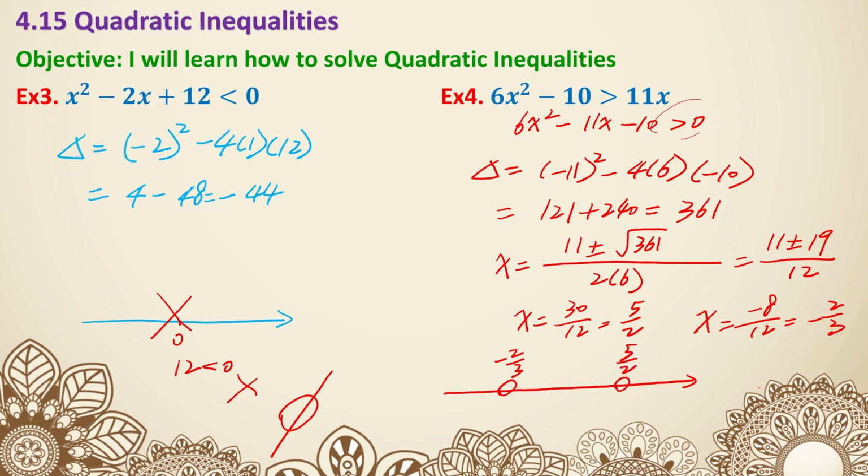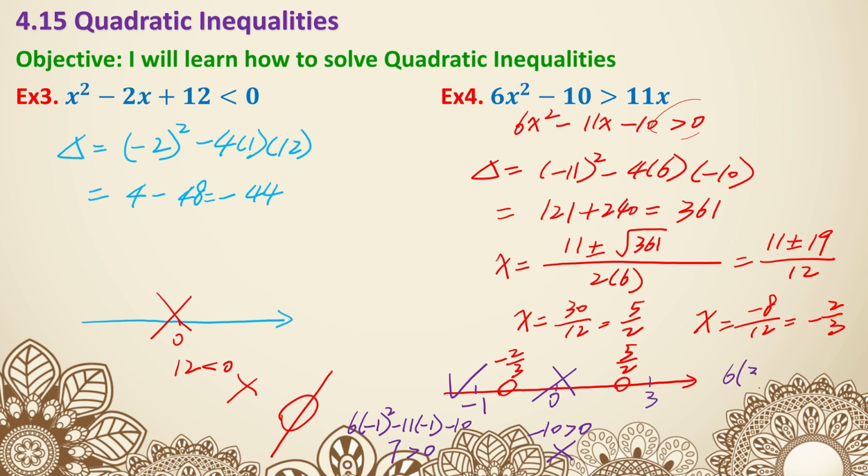The points we can use to check: 0 for sure in the middle. And that will leave us -10 greater than 0. Does not work. And then on the left side, we can use -1. So we put it in. That's going to be 6 times -1 squared minus 11 times -1 minus 10. So that's 6 plus 11, which is 17, minus 10. 7 is greater than 0. That totally works. On the right side, greater than 5/2, we can actually use a 3.